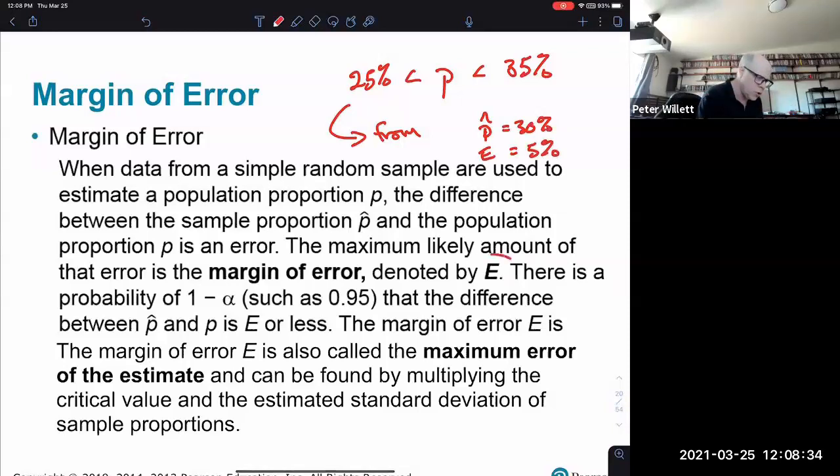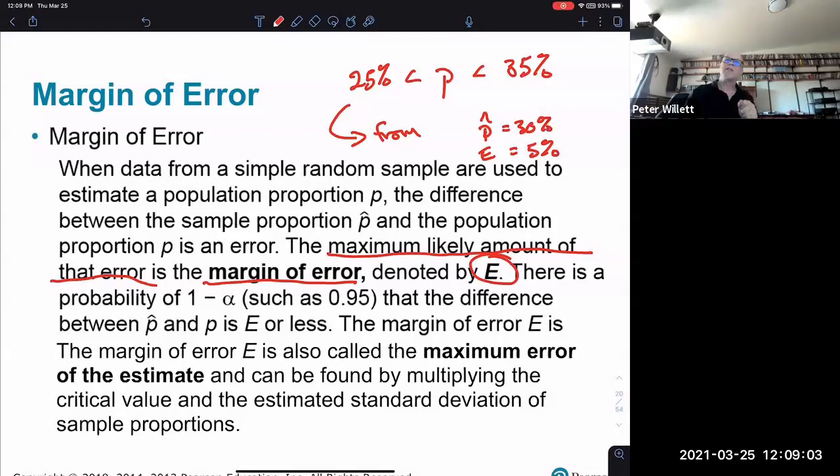This is using this E. The margin of error is the maximum likely amount of that error. So for example, if I tell you that my point estimate from my sample is 30%, and based on my sample size, and the way I took my sample and the way I got that P hat, I believe that the maximum error I'm going to have with my point estimate is 5%.